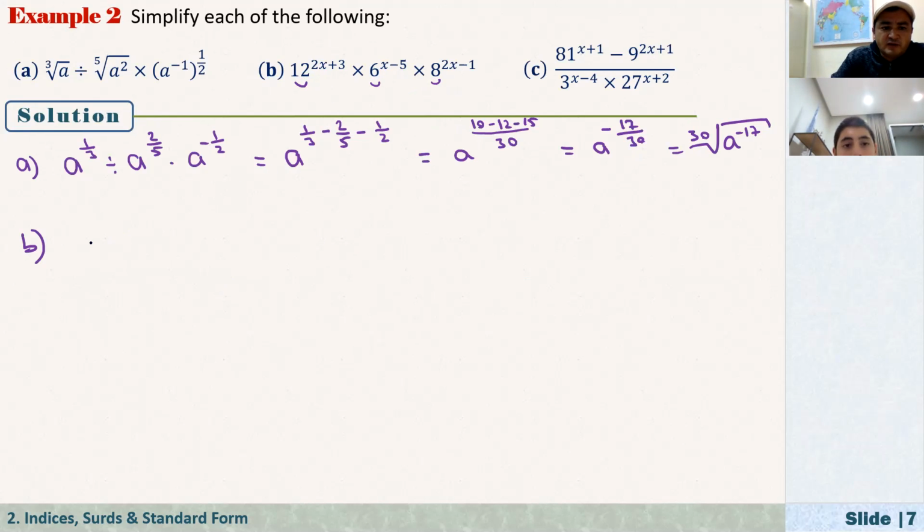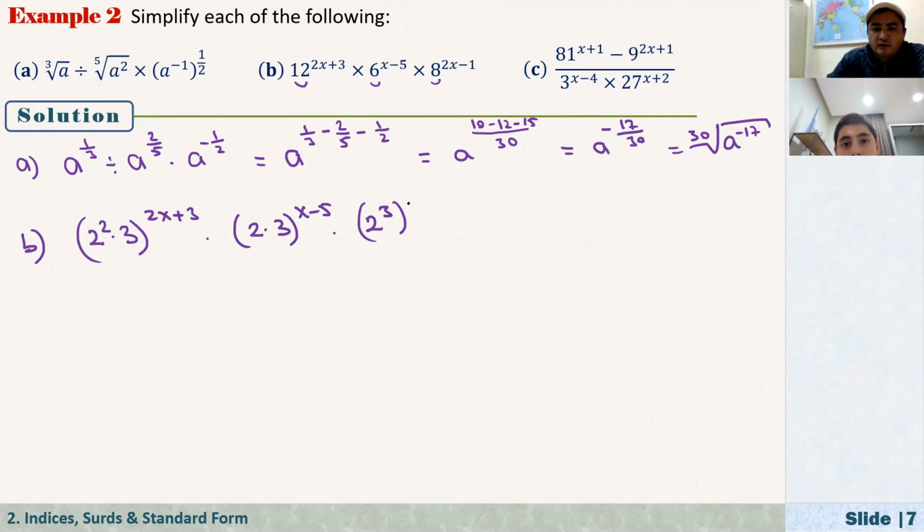So we know that this 12, I can write it as 2 squared times 3, to the power of 2x plus 3. How about 6? It is 2 times 3, to the power of x minus 5. And 8, it is 2 cubed to the power of 2x minus 1.